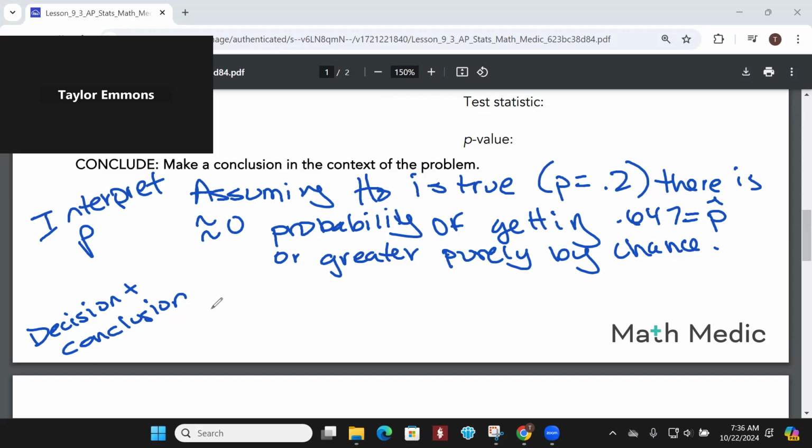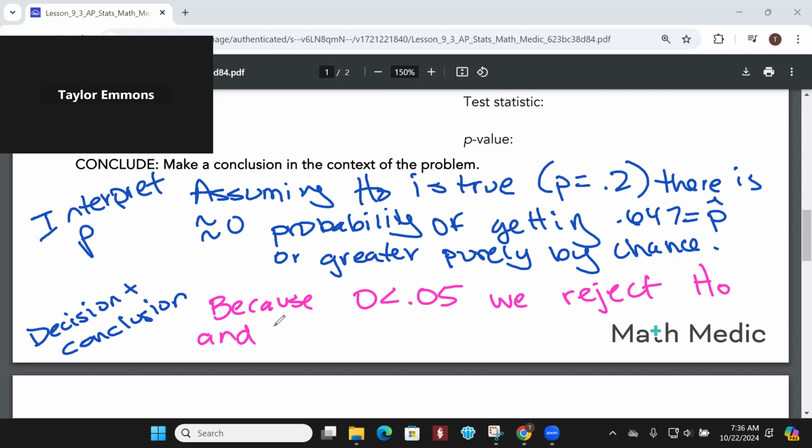All right, now decision and conclusion. Because 0 is less than 0.05, do we reject or fail to reject? Do you remember? It's less than. You don't make enough money, so we reject the HO. And do we have convincing evidence?